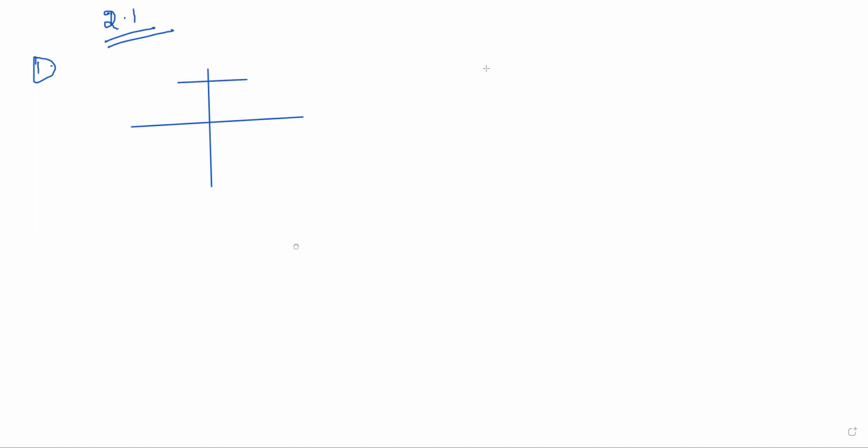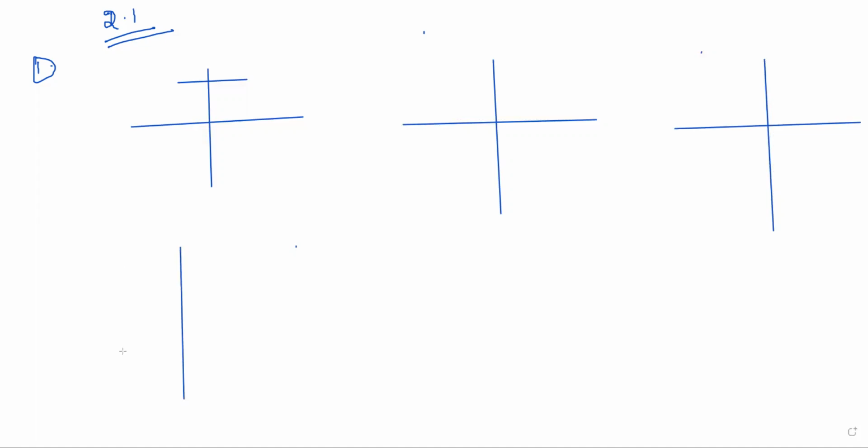This is the first one. And the second graph is the fourth one. By seeing the graphs, you have to write how many zeros are there in the polynomial.